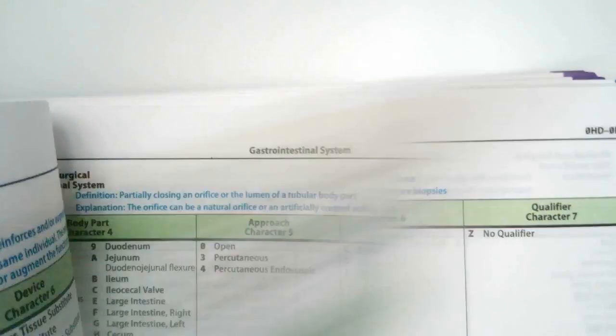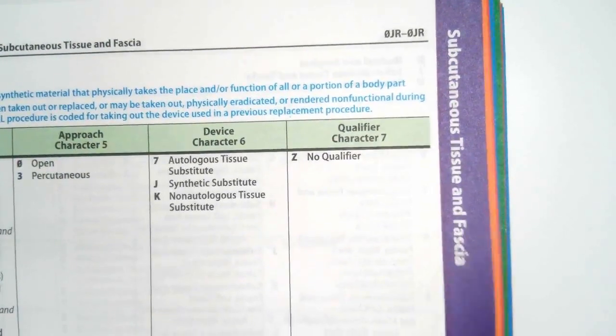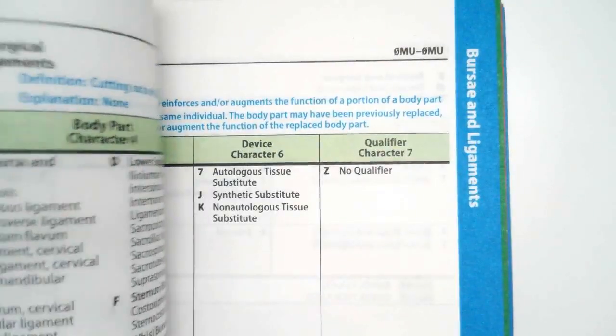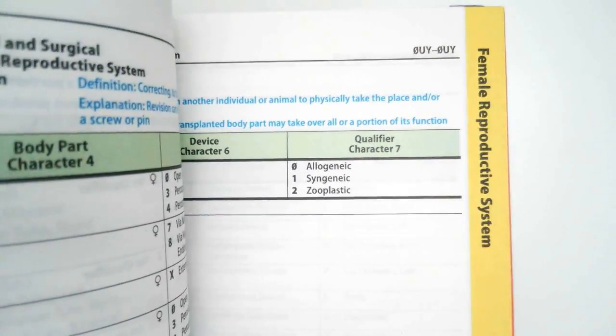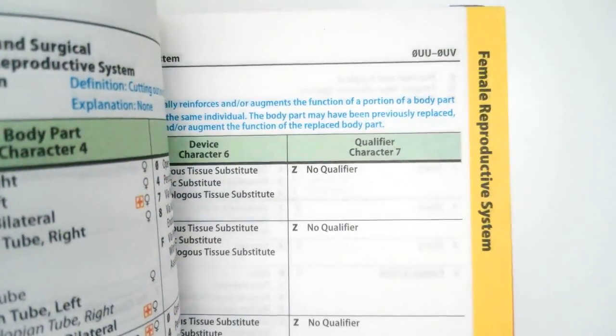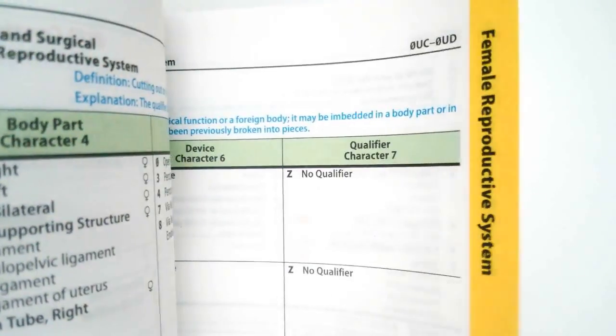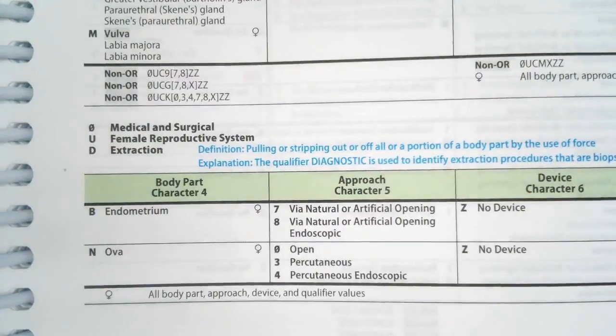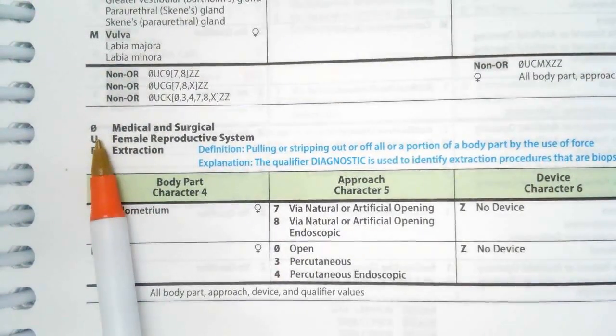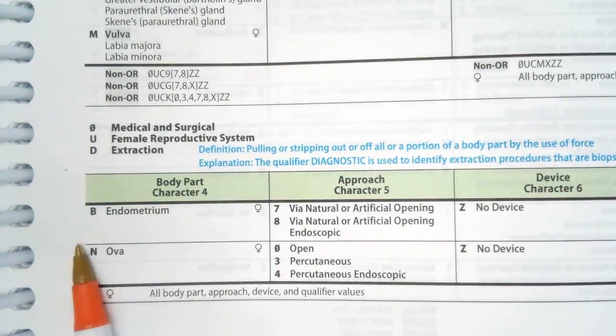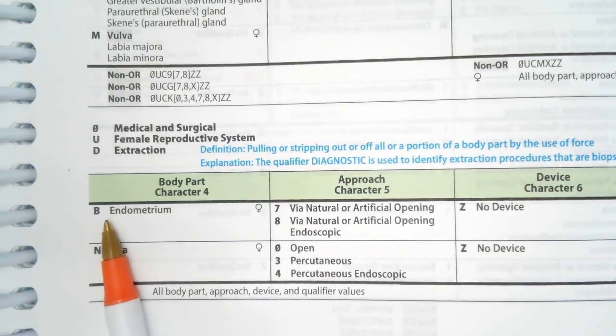All right, so first I'm going to go to table 0UD. Okay, body part value of B for endometrium.